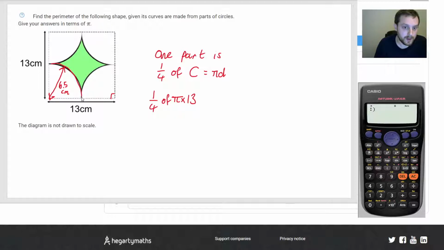That's what we're working out. And I guess that's 13 over 4 pi. But then how many of these red parts do we have? We've got 1, 2, 3, 4 of them. So as soon as I have 4 quarters instead of just 1 quarter, it's just going to be 13 pi. So 13 pi is my final answer.